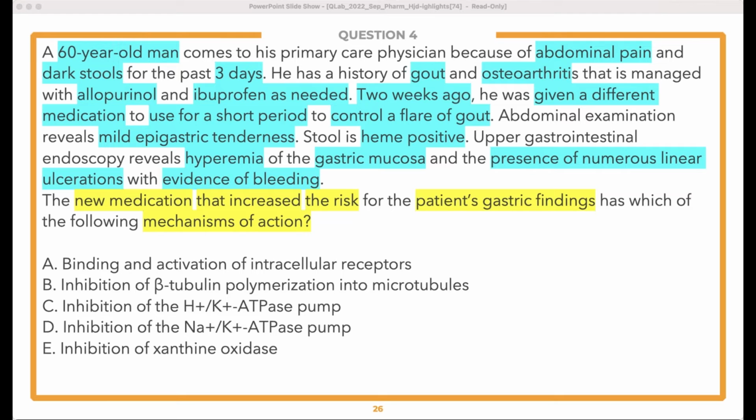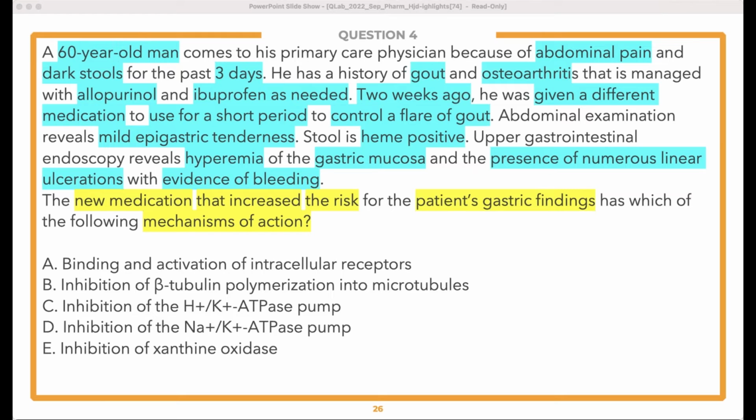And again, answer choice B, inhibition of beta tubulin polymerization into microtubules, was the leading vote getter. But answer choices C and E were pretty close in terms of second place.